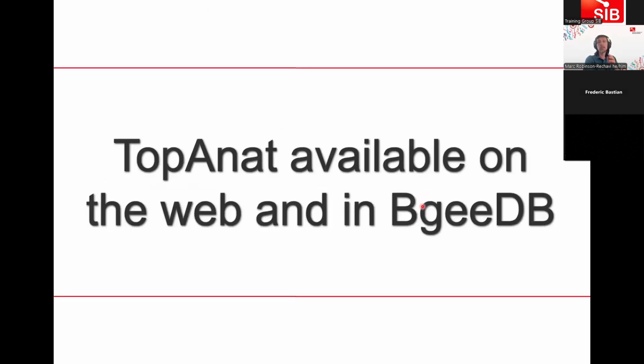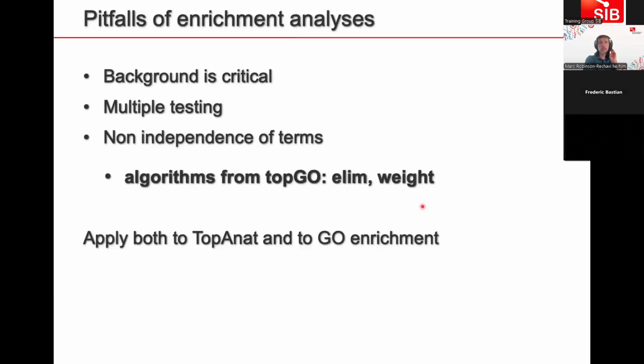TopAnat, yes? But can you query for senescence? So TopAnat is really about retrieving anatomical terms. You can ask to retrieve anatomical terms only in some specific developmental stage. By default, on the web interface, I think it's only embryo and post-embryo.